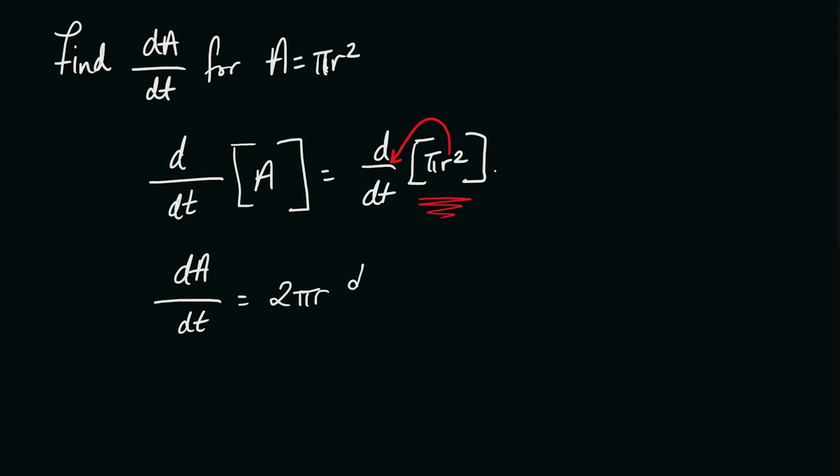So it becomes dr over dt. Now, this is something that we also call related rates. It's basically what you find as the derivative when you're taking account of time, right?